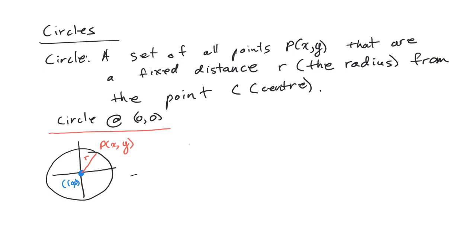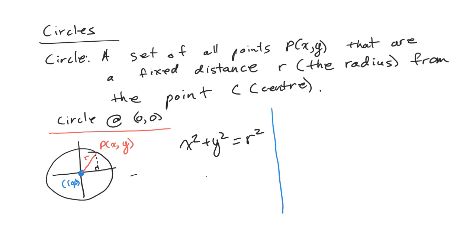The equation for something like that is given by x squared plus y squared is equal to r squared. And it looks very similar to a thing called Pythagoras theorem. Okay, so that is what we have for a circle centered at 0, 0.